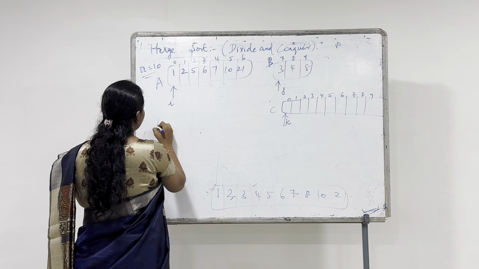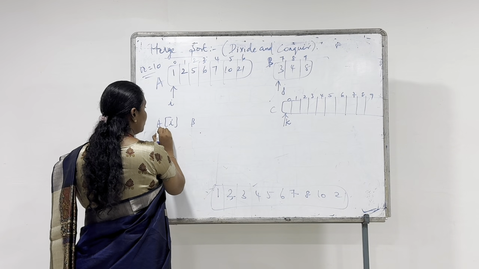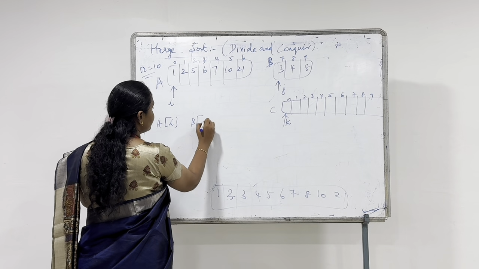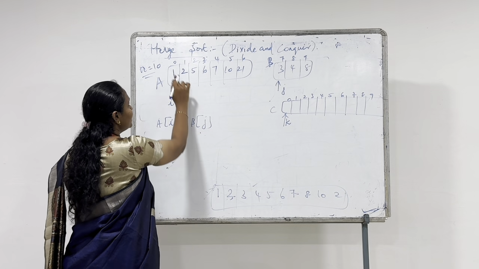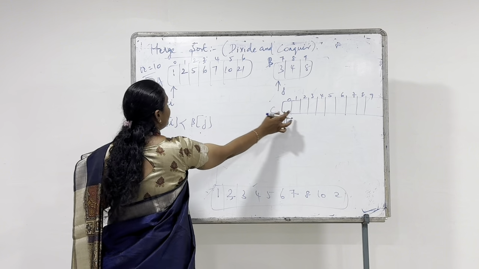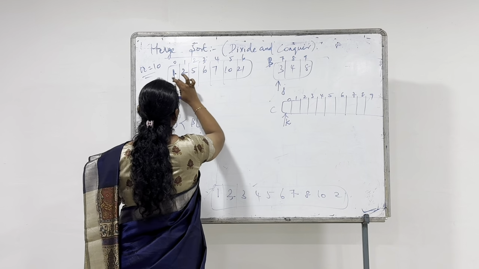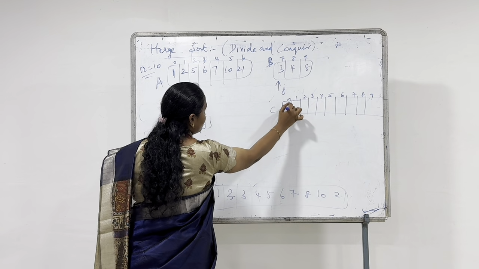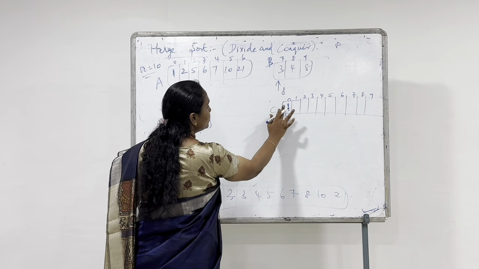Compare A of I and B of J. If A of I is less than B of J, then copy this element from here to here. This is lesser than this, so move this one here. Whichever is lesser, move that element to the C array.